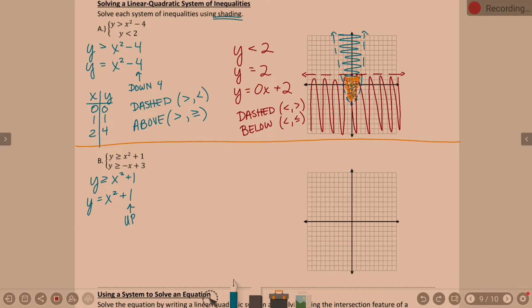Yeah, up 1. Again, a number added or subtracted at the end is just up or down that number. So up 1, and it's a basic x squared, and as long as that a value is 1, as long as it is 1x squared, we can use that basic idea that a quadratic is 0, 0, 1, 1, 2, 4. Okay. I'm going to move my vertex up 1.